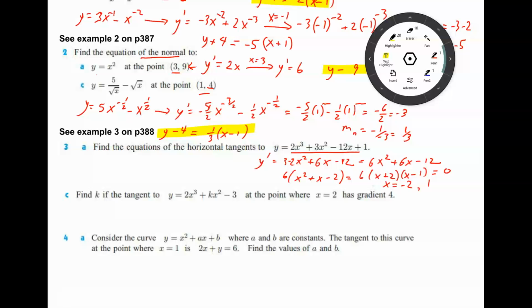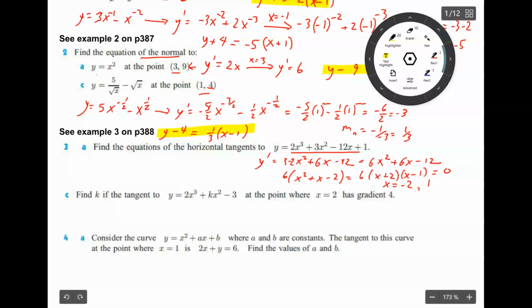So now we could use point gradient form, but if we do that, we have to have the slope, and the slope in this case would be 0 because we're looking at horizontal tangent lines, okay?